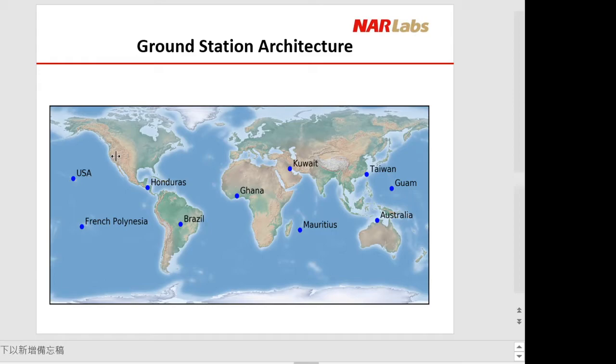In this joint program, we have a lot of ground stations, including the USA, Tahiti, Honduras, Brazil, Ghana, Kuwait, Mauritius, Taiwan, Guam, and Australia. Based upon the current analysis, we can achieve at least 45 minutes data latency for atmosphere with the 9 ground stations. Please note that the French Tahiti ground station hasn't been ready yet. It will join the program later on.